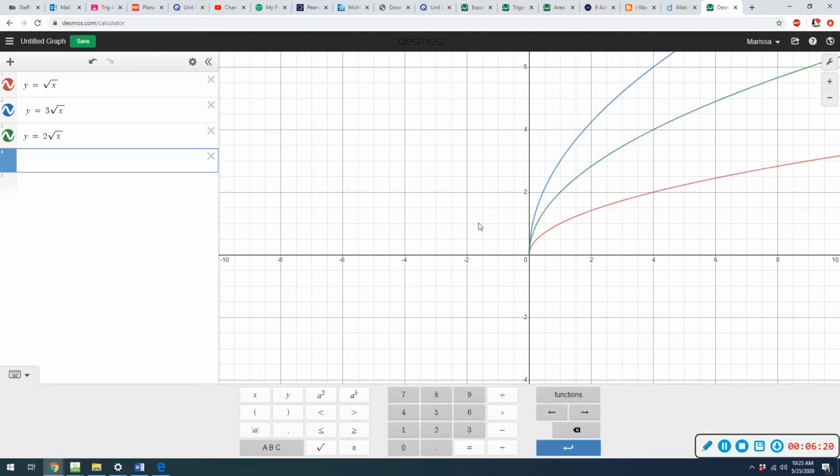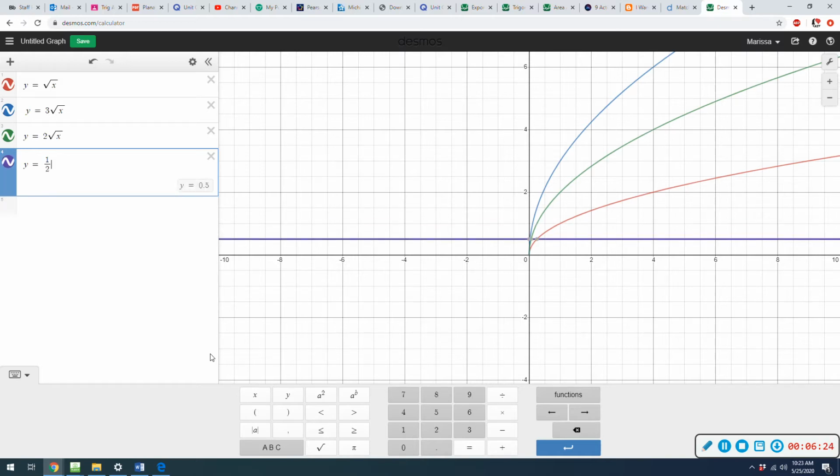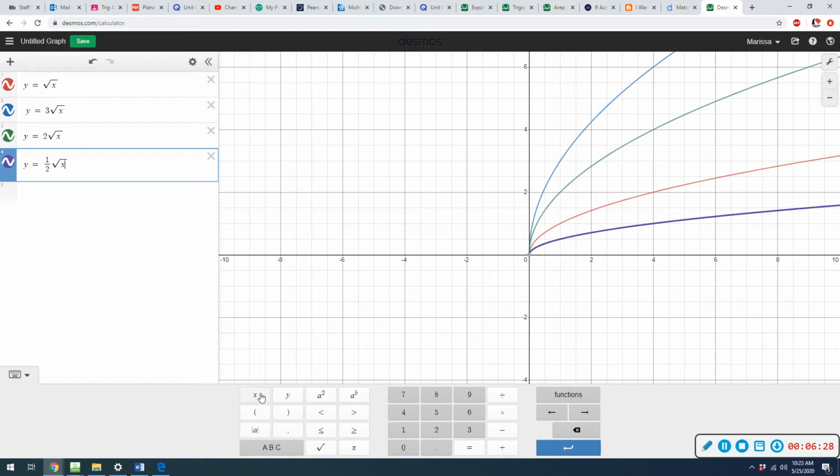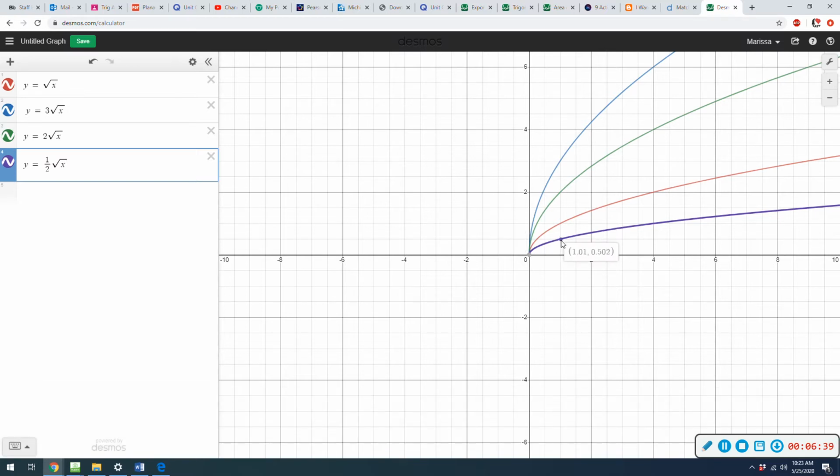Well, right now just faster, but I wonder if I can get it to go slower. And so if I try maybe a fraction, that'll make me go slower. So one half times the square root of x, because the negative just flipped me. And so here is our base function, and now this is going slower than that because it's under it.